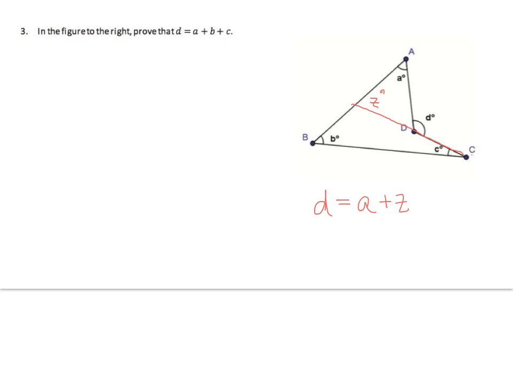Then, oh, I have another exterior angle is equal to the sum of the opposite interiors. Z equals B plus C, same reason, the sum of the opposite interior angles is equal to the exterior angle. Then it looks like I can do a little bit of substitution to get to D equals A plus B plus C.